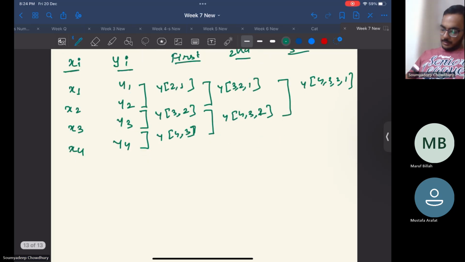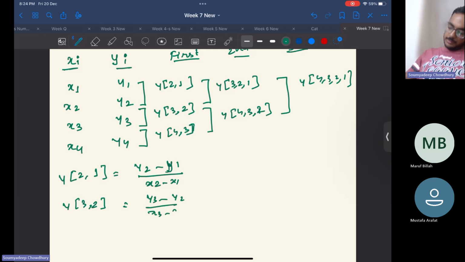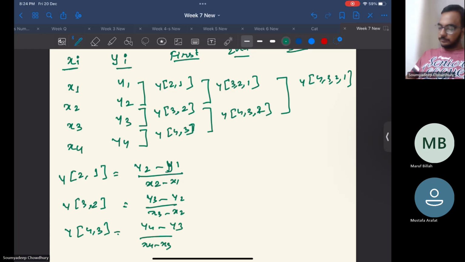Y of 2,1, the first order difference, is y2 minus y1 upon x2 minus x1. Similarly, y of 3,2 is y3 minus y2 upon x3 minus x2. Y of 4,3 is y4 minus y3 upon x4 minus x3.